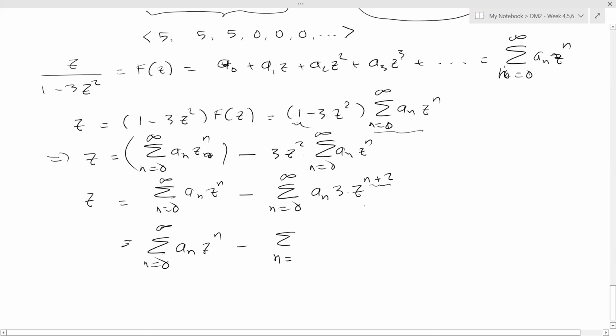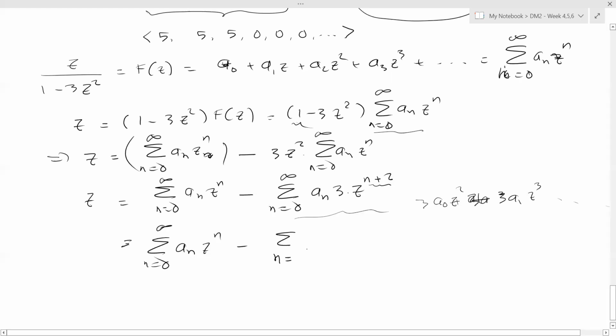So this is essentially 3a0 z squared plus 3a1 z cubed and so on, right?